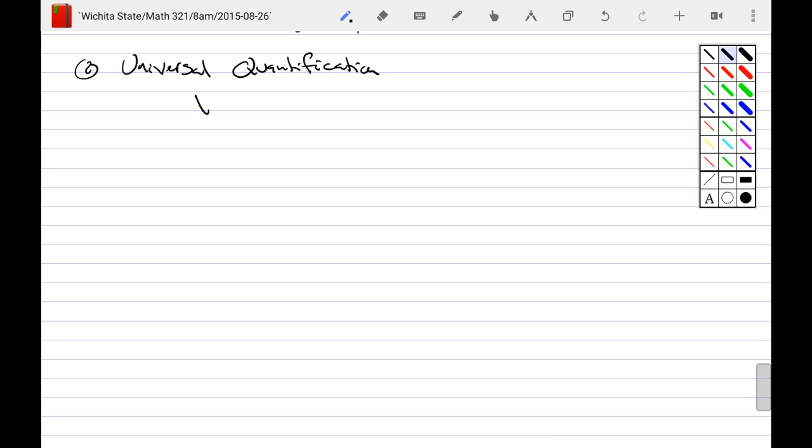Notation, it looks like this. Upside down A. Upside down A is the word for all. That just simply says for all x, P of x. And the third one is existential quantification.